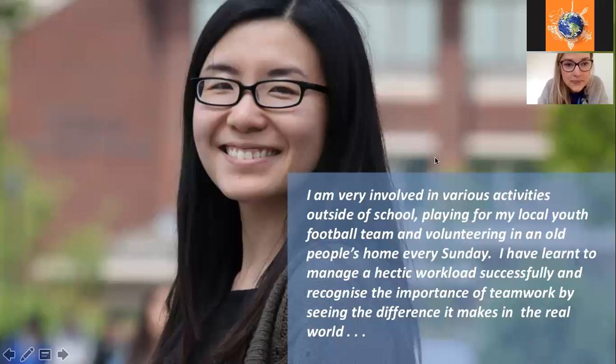Next one. I'm very involved in various activities outside of school, playing for my local youth football team and volunteering in an old people's home every Sunday. I have learned to manage a hectic workload successfully and recognize the importance of teamwork by seeing the difference it makes in the real world.